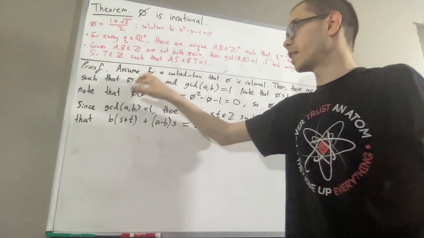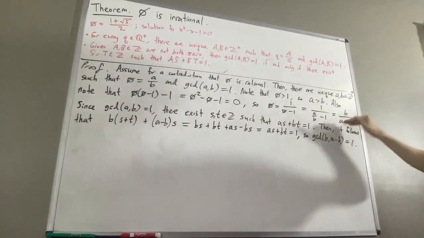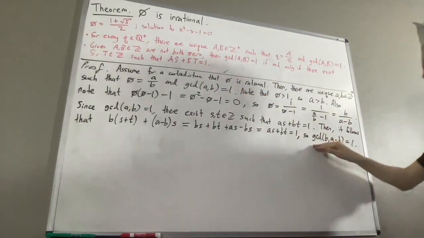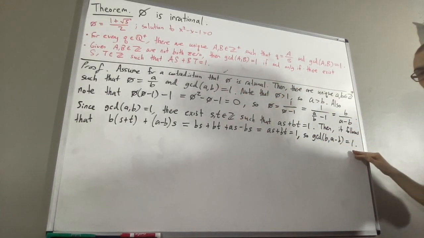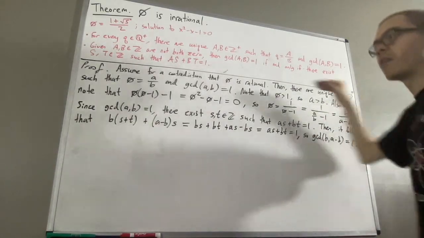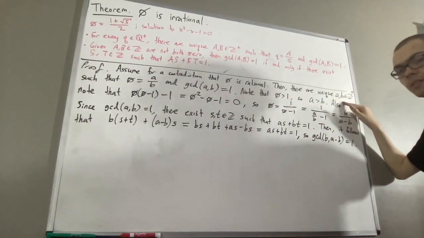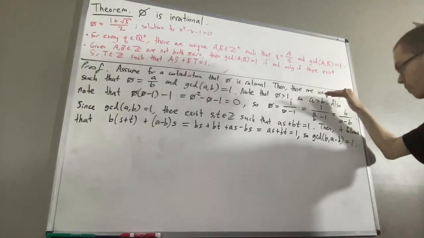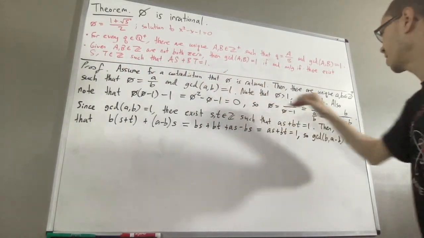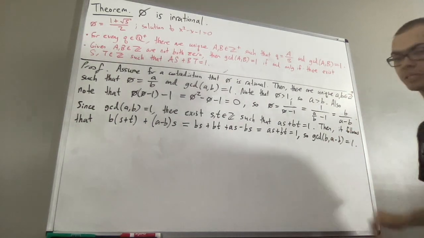And we know that they satisfy both these conditions because the golden ratio is equal to b over a minus b. Also, it satisfies this condition because the greatest common divisor of b and a minus b is equal to 1. So yeah, b and a minus b is another pair of positive integers satisfying these same conditions as a and b. But since a and b are the unique pair of positive integers that satisfy these conditions, that means the pair of positive integers a and b must be equal to the pair b and a minus b.